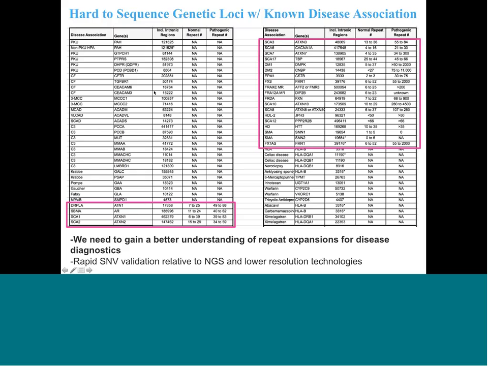In particular, I'll highlight the GBA gene. Here, GBA is affiliated with a disease called Gaucher, and Gaucher disease is a lysosomal storage disorder.